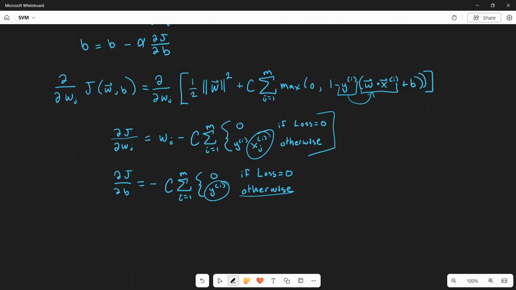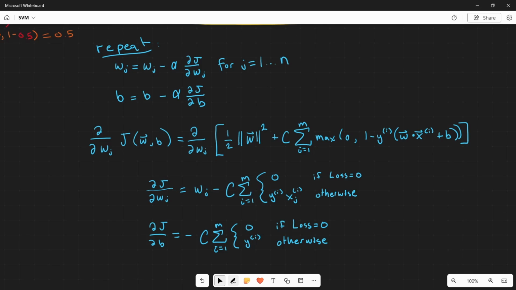And since we're taking the partial derivative with respect to wj, y at i and x at ij become the coefficients that get pulled out during our derivative. All right, now that we have these partial derivatives calculated, let's plug them into our algorithm and see what the final algorithm looks like all worked out.